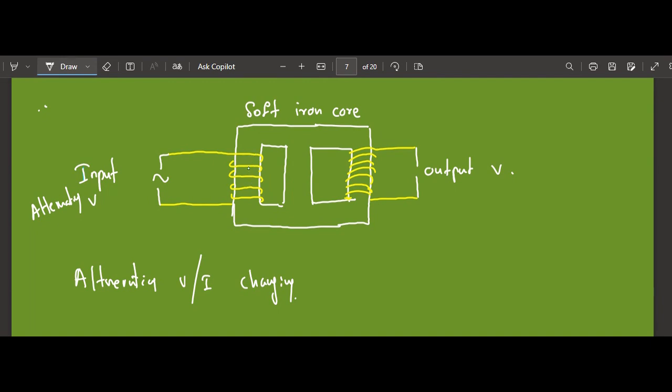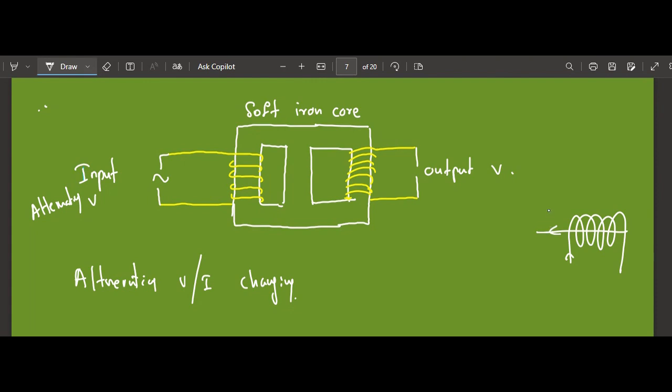We discussed last week that whenever there is current in a coil, there will be a magnetic field. We even drew the magnetic field line structure. And we discussed that when the current changes, the magnetic field also changes. If the current goes in the opposite direction, the direction of the magnetic field also changes.